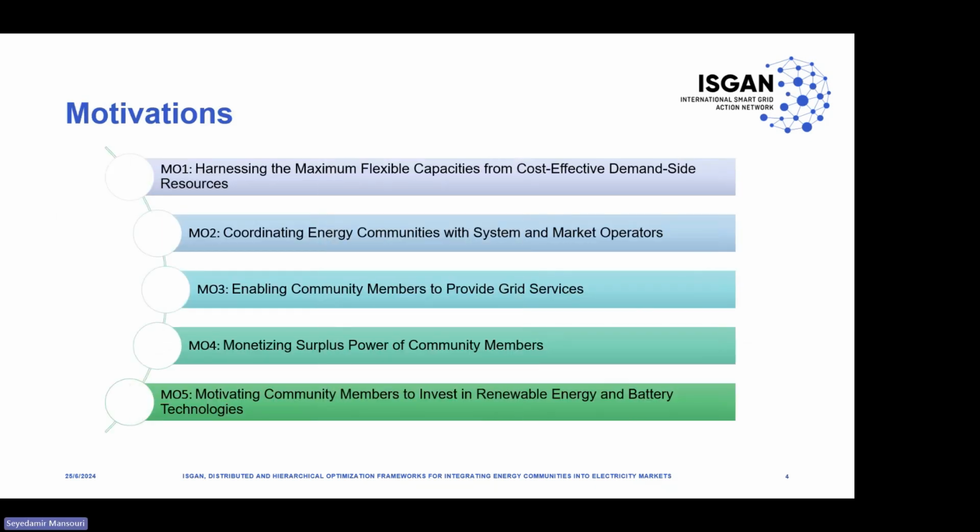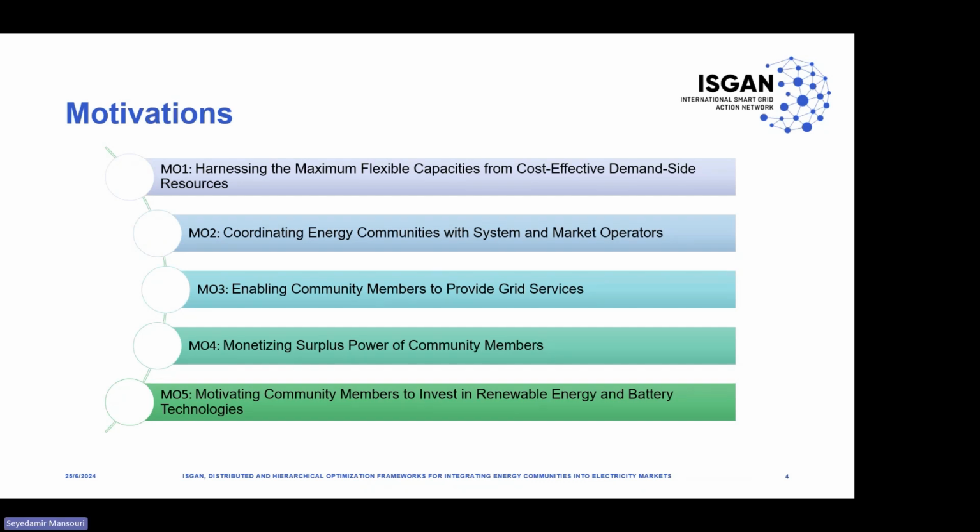So our motivations in this work are harnessing the maximum flexible capacities from cost-effective demand-side resources, such as smart homes, smart buildings, energy hubs, some smaller scale industrial parks, and etc. Another motivation is coordinating energy communities with system and market operators.